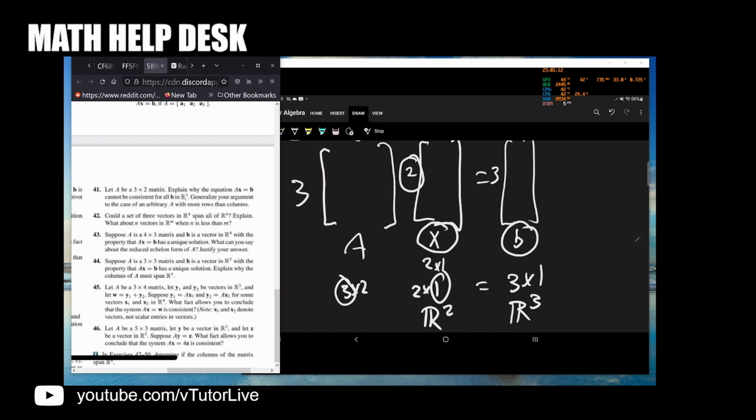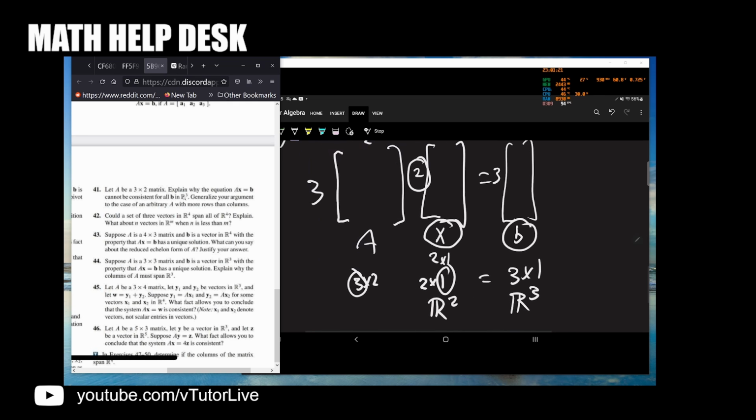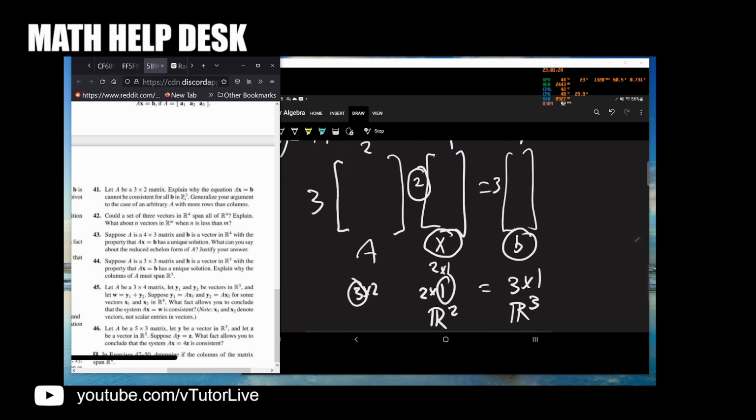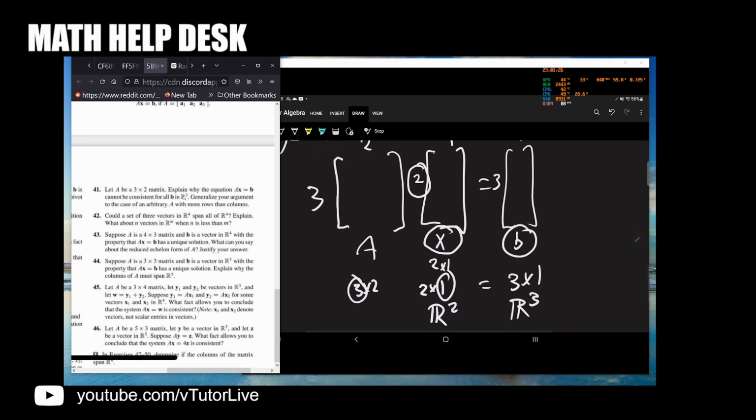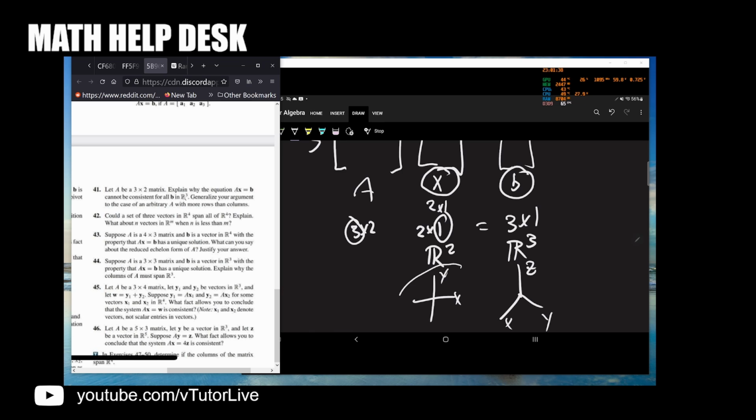Is that believable? Which is like, what's up? Which is why it has one column. Um, so hold on, what do you mean? Oh wait, no, because there's only 2 rows. So if R2 is like an XY plane, for example, and R3 is an X, Y, Z 3D space, this is basically saying that there's not enough stuff in R2 to map onto everything in R3.